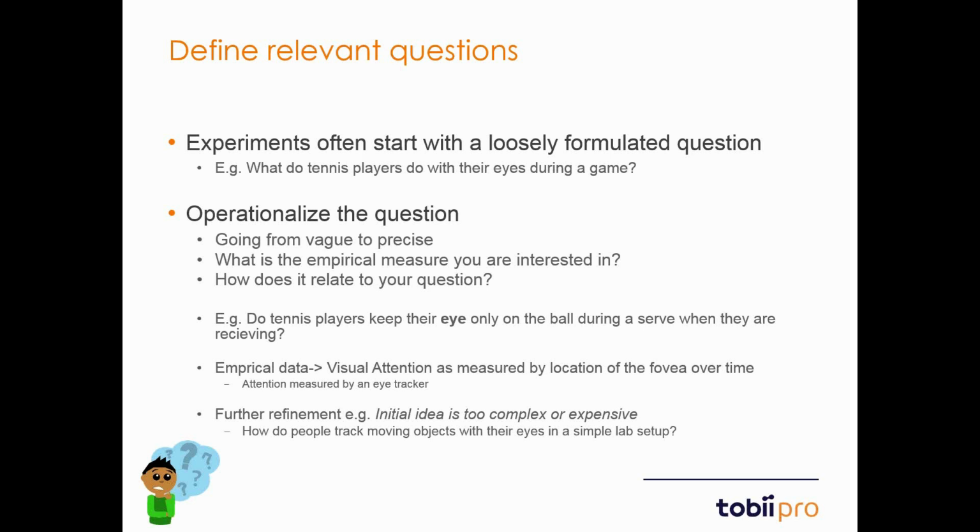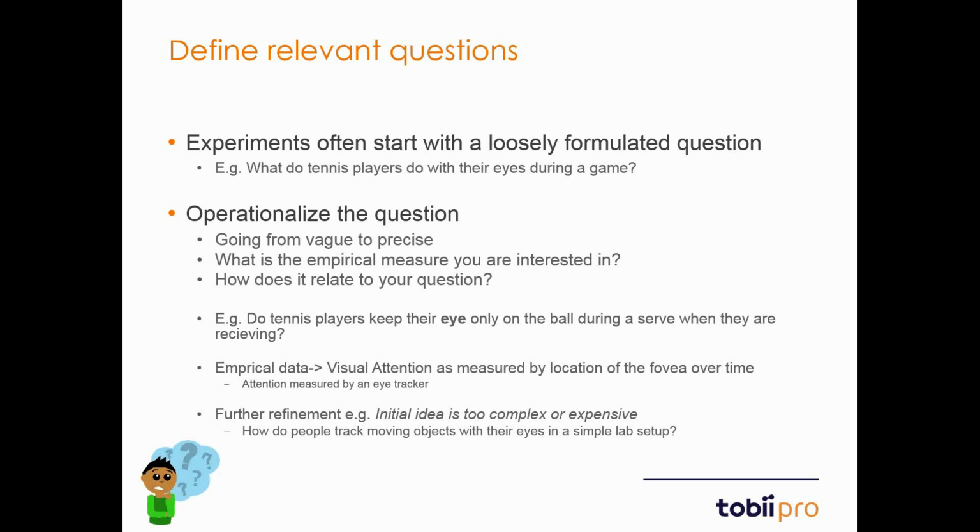So now suddenly this becomes a bit more concrete, because then we can say that we want to gather empirical data, and we're going to say that visual attention as measured by the location of the fovea over time, so what an eye tracker measures, that is what we're interested in terms of how well visual attention is directed towards the ball. And so what you typically end up doing with whatever question you might have is to go from, again, something that's a bit fuzzy to something that's a bit more refined.